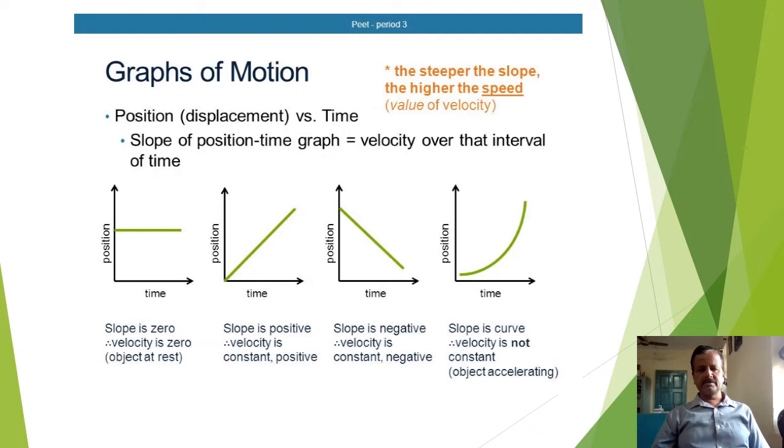The second one is the position time graph for an object which is increasing its position with respect to time. You can see the position is increasing with respect to time. So the object is moving along the positive x-axis, and the change in position is a displacement.